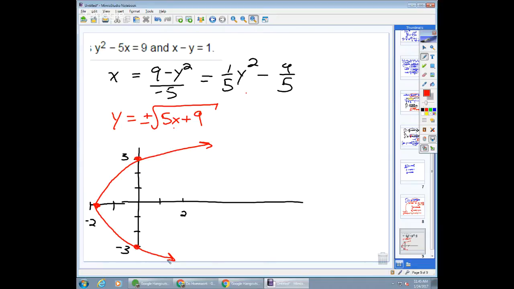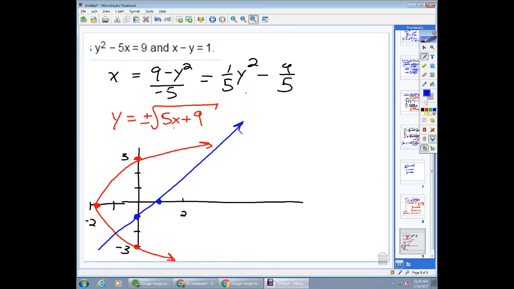And what's our other function? X minus y equals 1. So there, to pick you in blue perhaps, if x is 0, y must be -1. And if y is 0, x must be 1. So we get this line here.